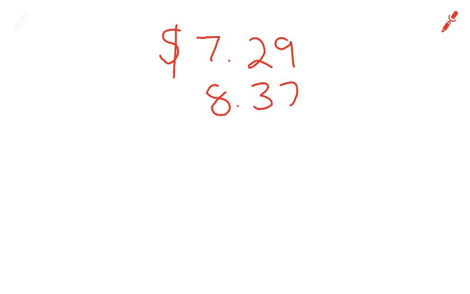All right, let's look at 6a. It's telling us to average, and we have 3 dollar amounts given to us. $7.29, $8.32, and $15.41.